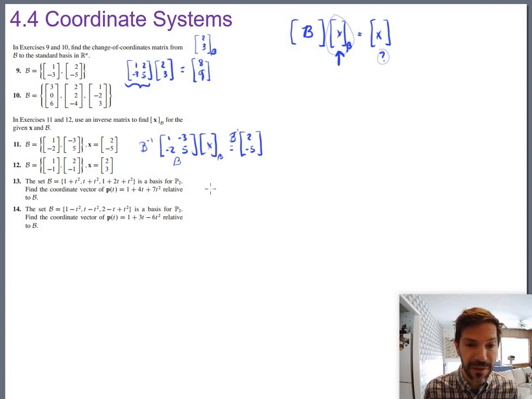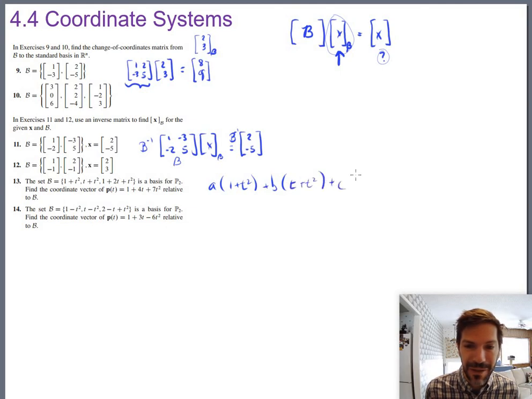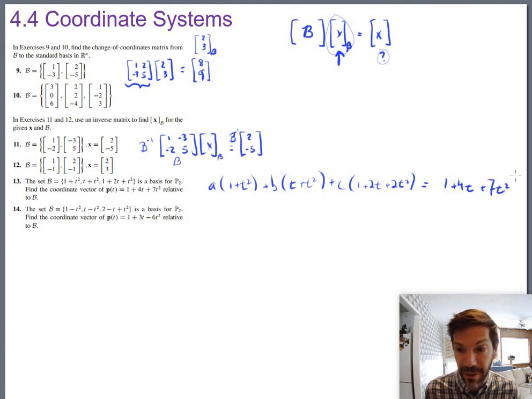So really, they're still saying something times 1 plus t squared, plus something else times t plus t squared, plus yet something else times 1 plus 2t plus t squared, should be able to produce 1 plus 4t plus 7t squared. And you could probably figure that out.